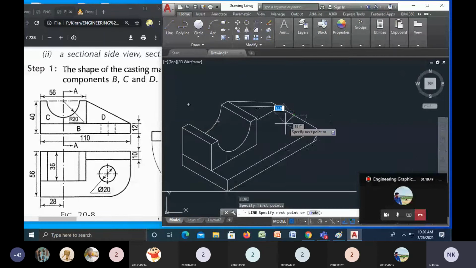Okay, L enter. I will take 27 distance. Shift at the rate 27 for making the midpoint, and angle. What is the angle? 210. 27 angle 210.